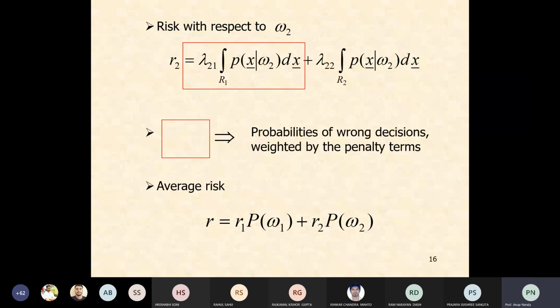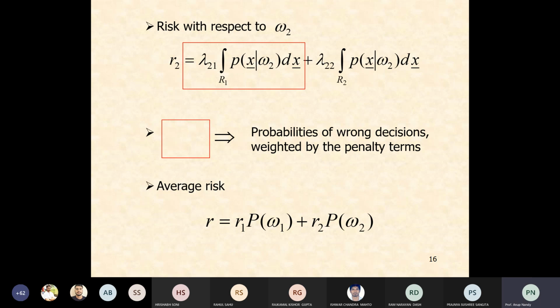If you simply have capital P1 times the integration over R1 of small p(x|W2) dx, and capital P2 times the integration over R2 of p(x|W2) dx, it means that you are assuming that your weights are equivalent.